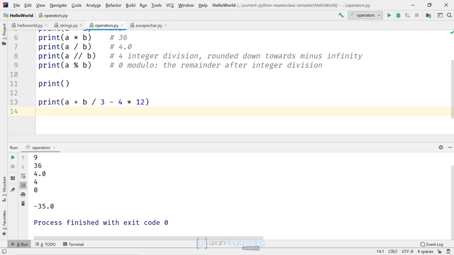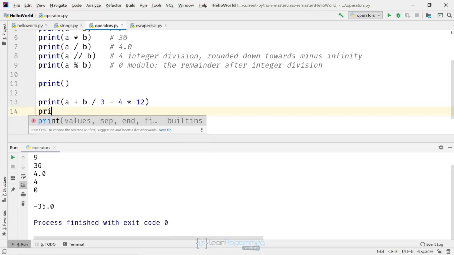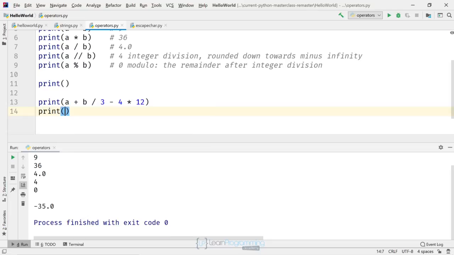Now, if you want to make your expressions clear and unambiguous, you can use parentheses freely, even when Python doesn't specifically require them. So along those lines, we could revise our example from line 13 and instead type print parentheses A plus, then another set of parentheses, and B divided by 3 in those parentheses, then a minus, then parentheses 4 times 12.